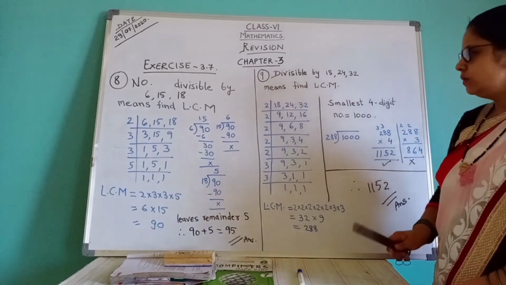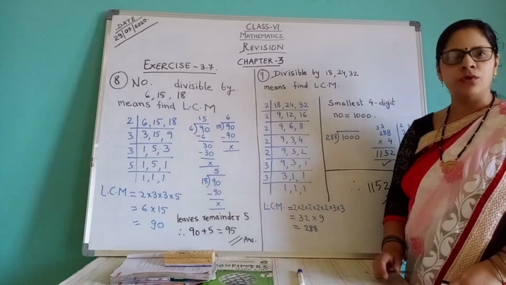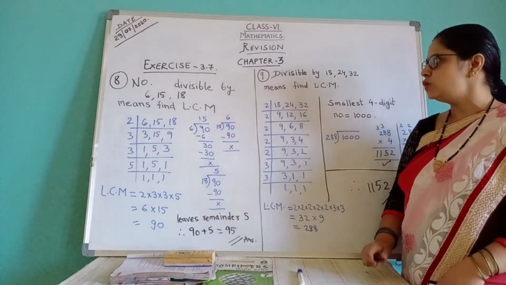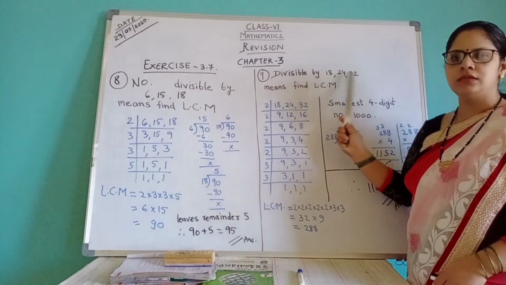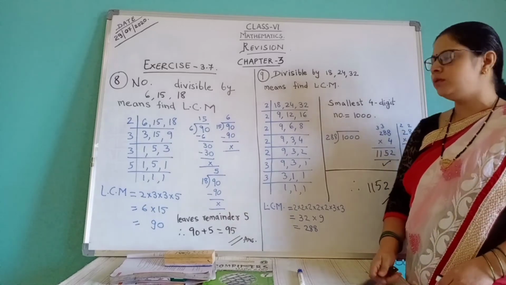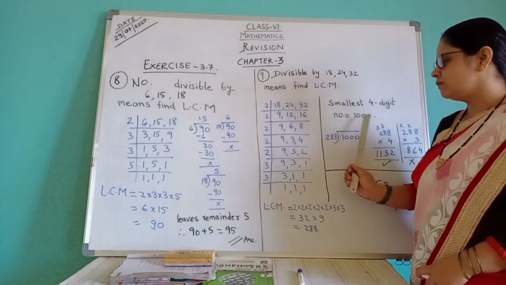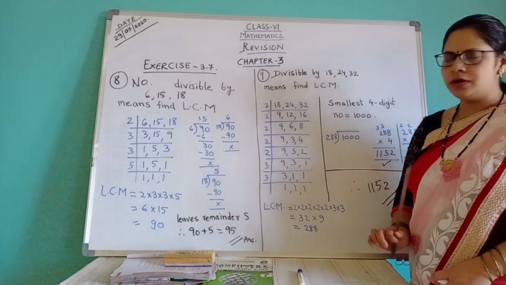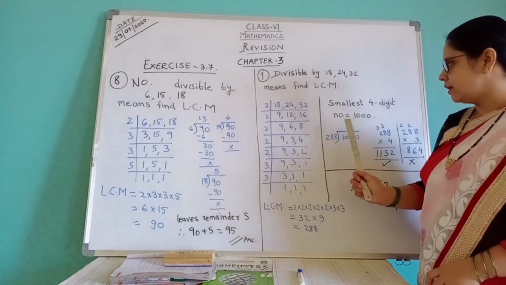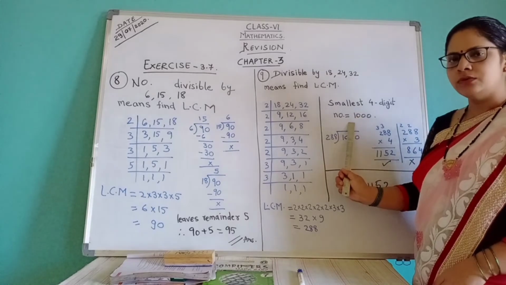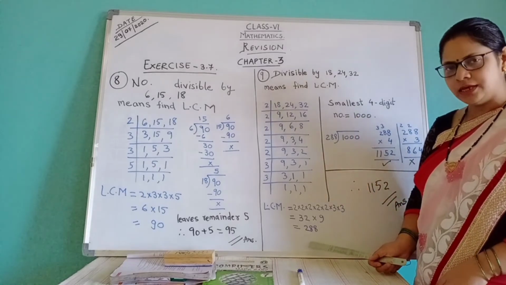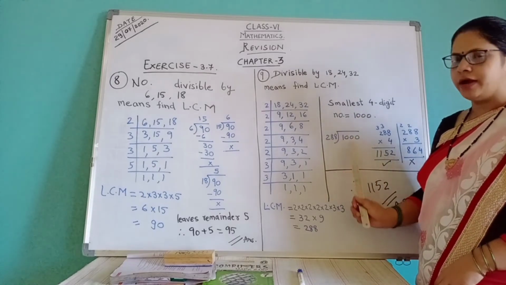Okay. Now the question asks for the smallest 4-digit number which should be divisible by all these three numbers. So first we write down the smallest 4-digit number. The smallest 4-digit number is 1000, this everyone knows. Now we will check whether this 1000 is divisible by this LCM. So we are going to divide.